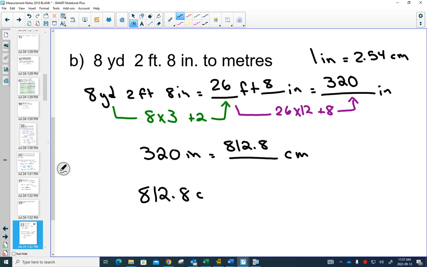And finally, lots of conversions here. 812.8 centimeters. There are 100 centimeters in a meter. Should I multiply or divide? Divide. And dividing by 100 just moves the decimal place over twice. 8.128 meters.